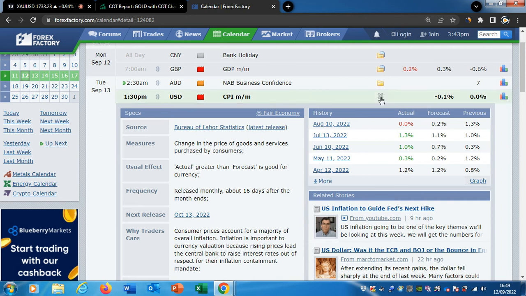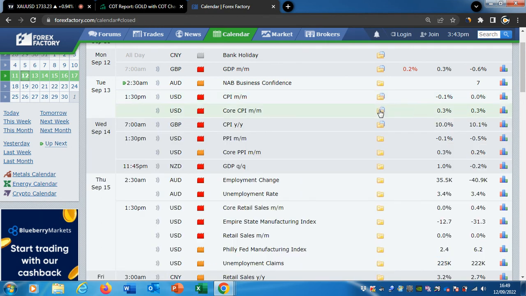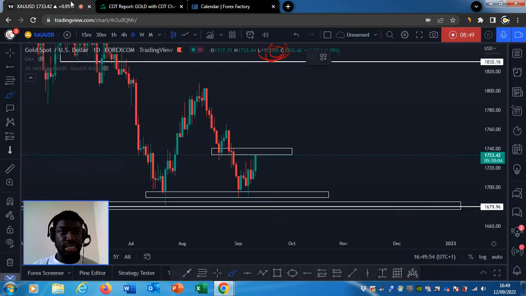Inflation is a good indicator to see how the economy of a country is doing, whether it is declining or has gone up from this month last year to this month this year.